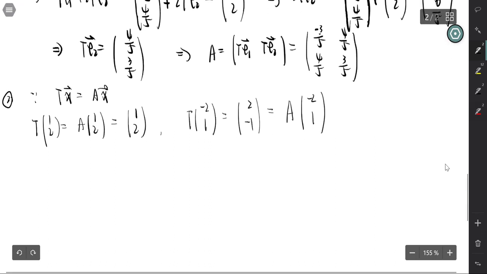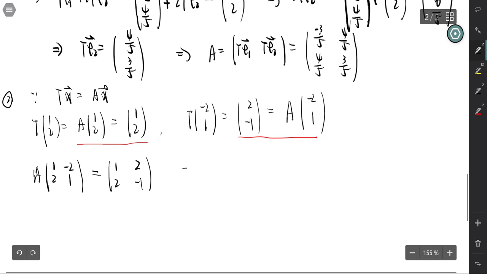So we use these two equations. That is A times the matrix with columns (1, 2) and (-2, 1) equals the matrix with columns (1, 2) and (2, -1). So A equals that matrix times the inverse. Use the matrix equation.